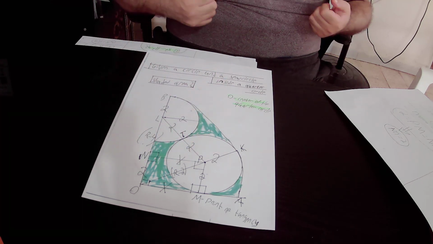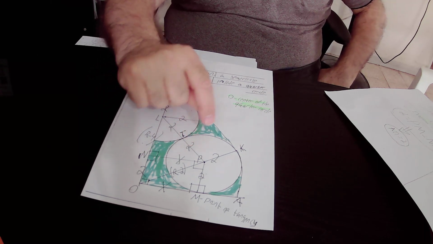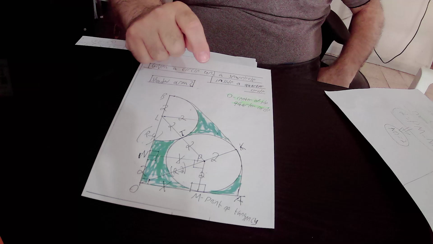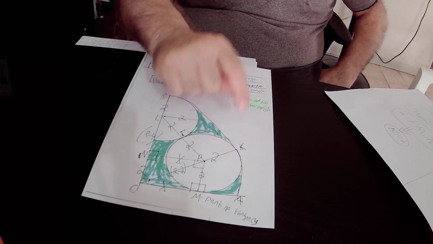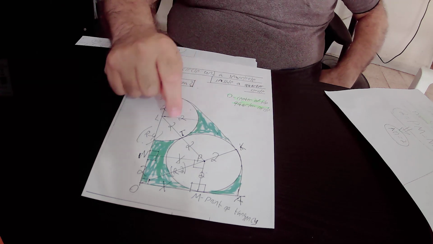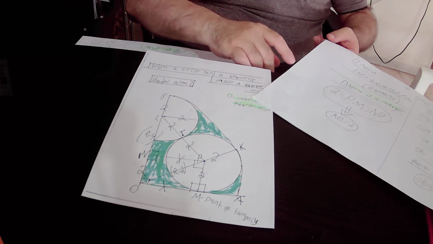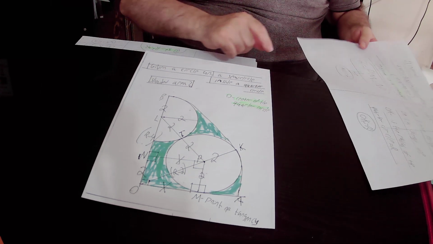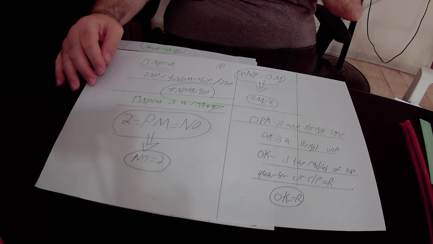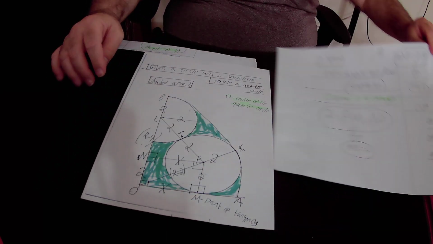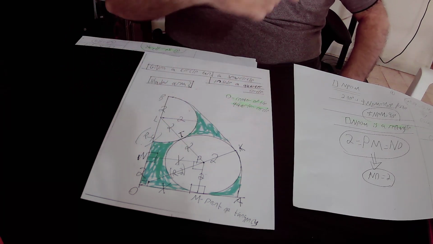And according to the rule that I mentioned, this straight line OP must pass through point K, that is the touching point between the circle and the quarter circle. That is to say, OPK is one straight line, according to the rule that I mentioned. So if OPK is one straight line, it means that OK is also one straight line.